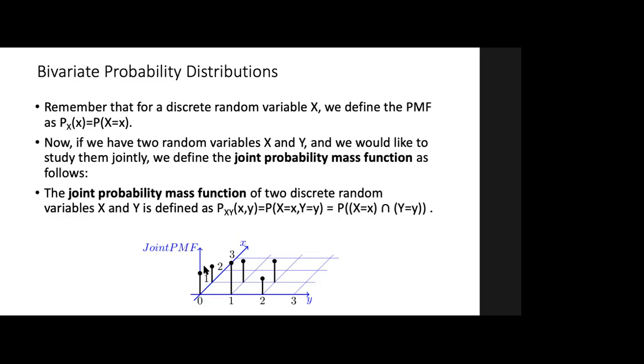And here, this is the joint probability mass function in a very simple case. Think about the variables X and Y as two discrete variables.